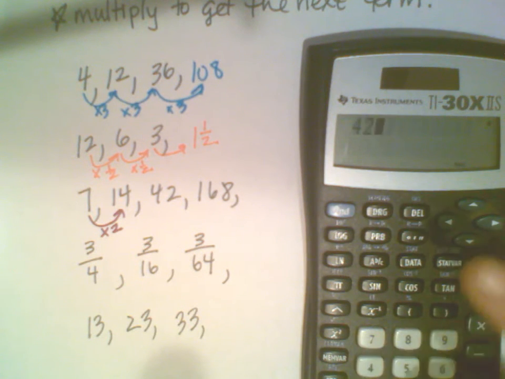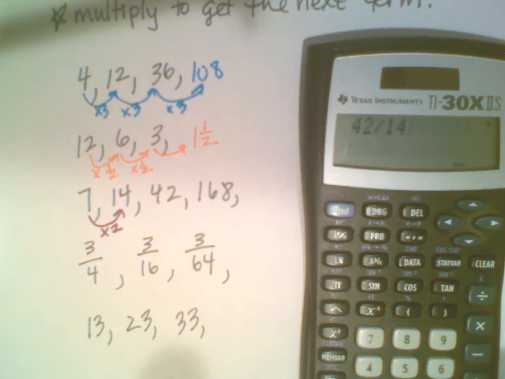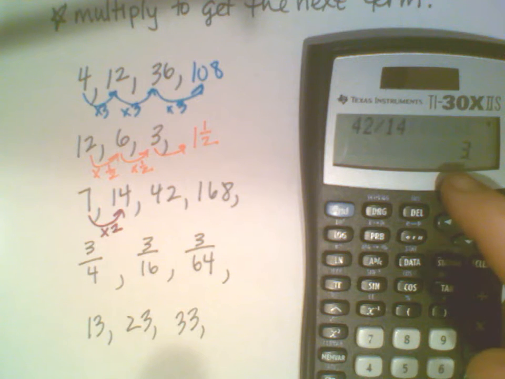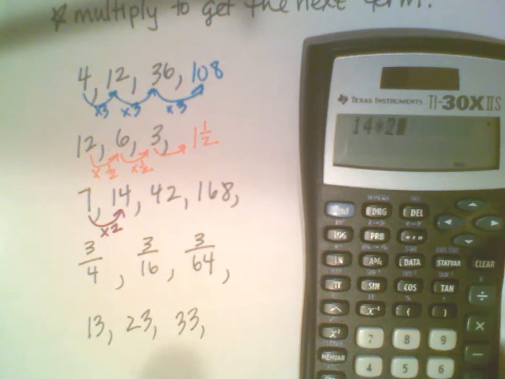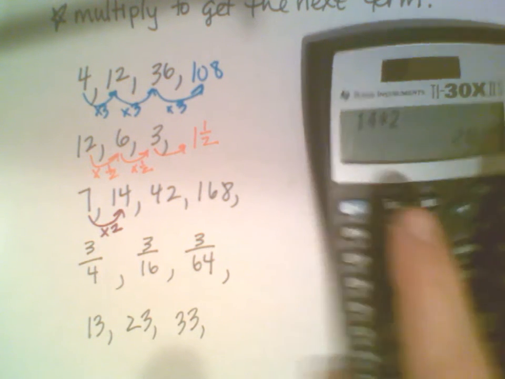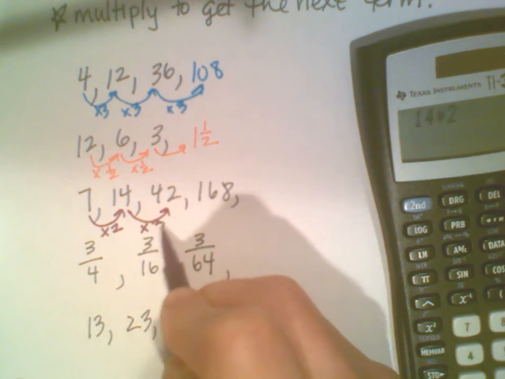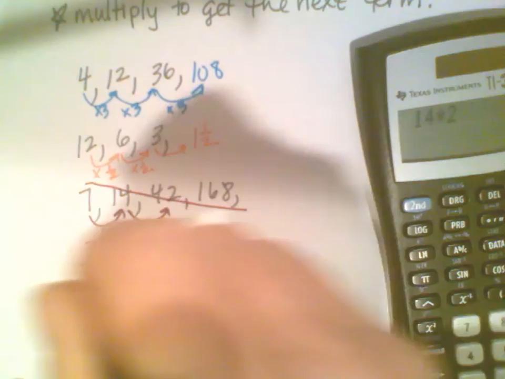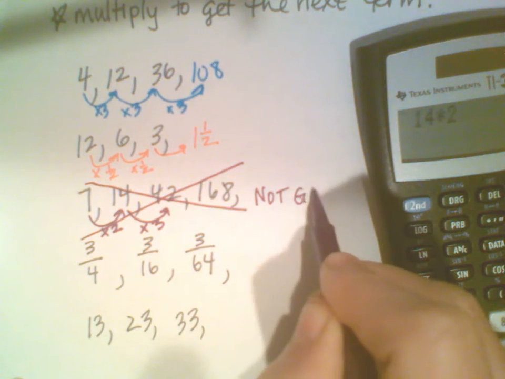Is 42 divided by 14 also 2? No, it's 3. Or I could check, is 14 times 2 equal to 42? And nope, it's 28. So this next one looks like it is times 3. That means this here is not geometric.